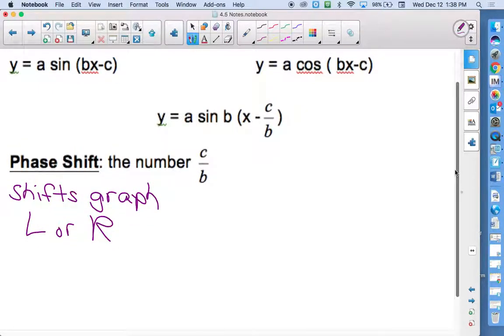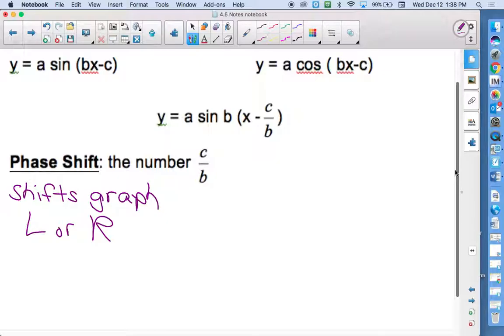The way we're shifting that graph is by using the c in the parentheses, that third number, and also the b, because the period stretches it horizontally, and the c value helps us shift it horizontally. Both of those together give us our actual phase shift.